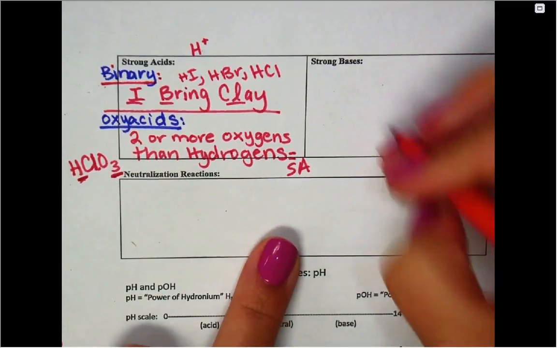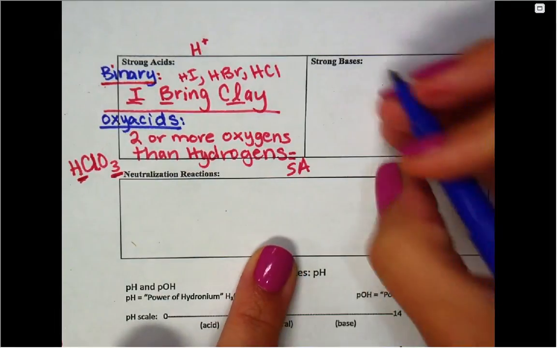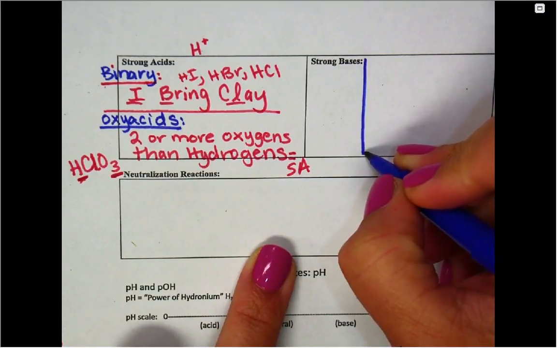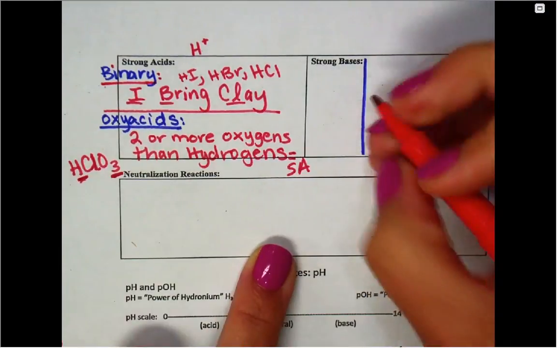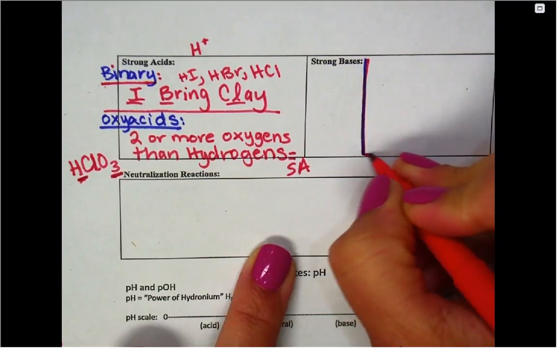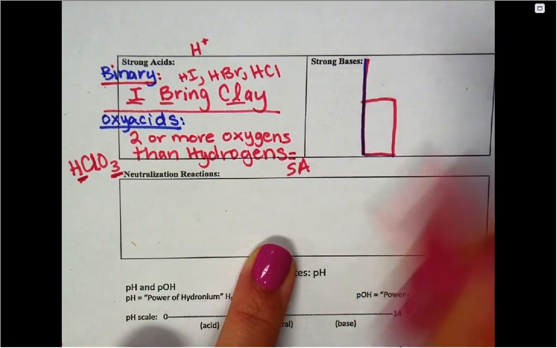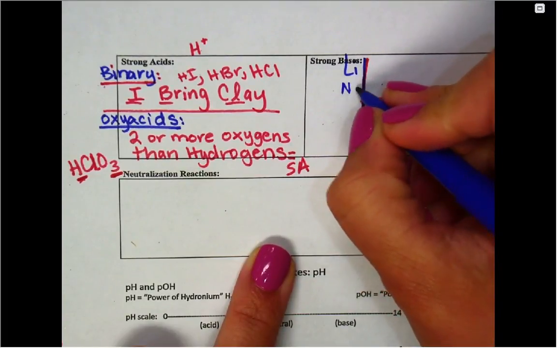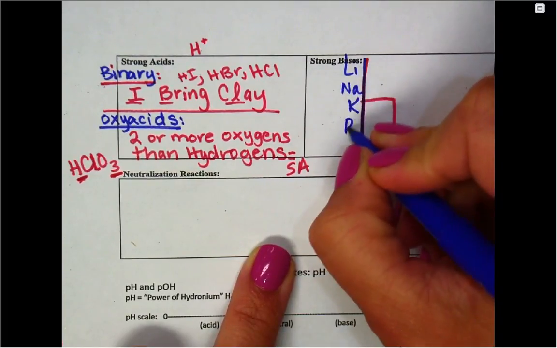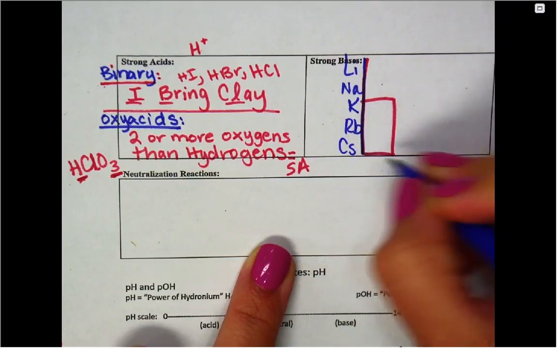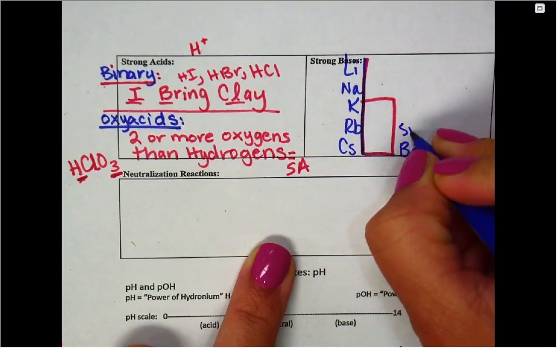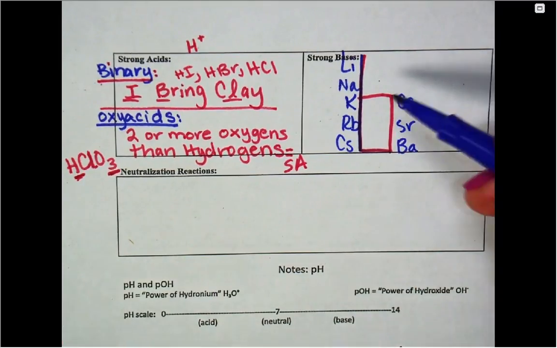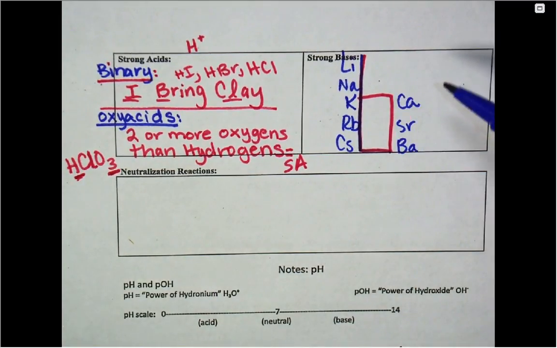All right, and then for strong bases, we formed the letter B on our periodic table, starting way up at lithium, and then going down sodium, potassium, rubidium, and cesium across to barium, strontium, and ending at calcium. So this is group 1 and group 2 on your periodic table, right?